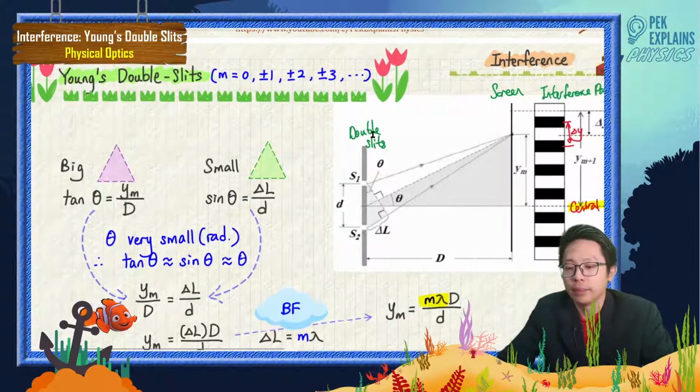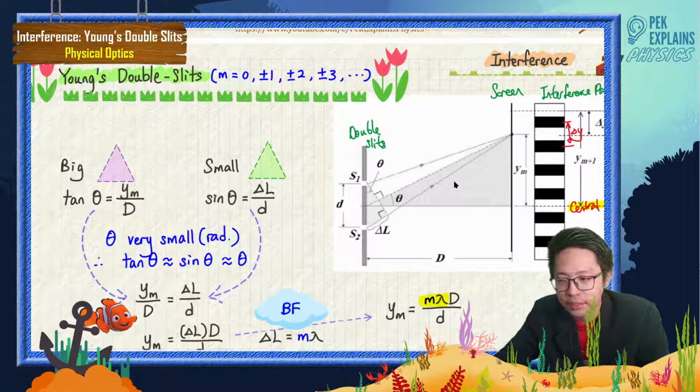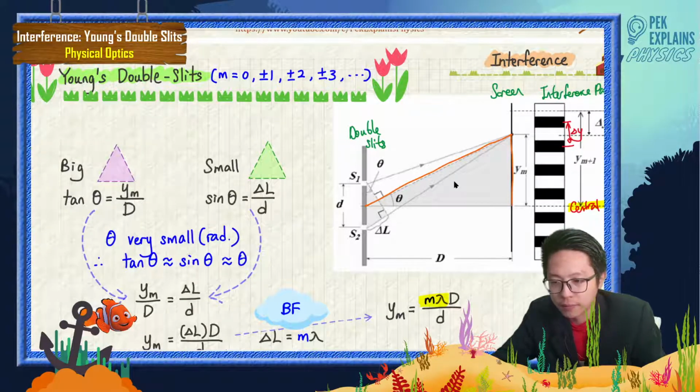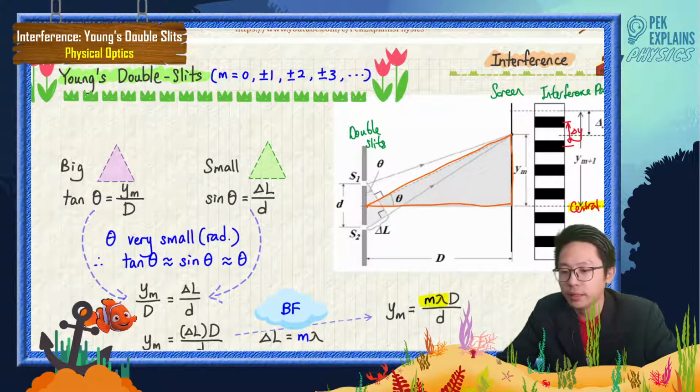The big triangle is this one, from the center between the two double slits, from here. So you can see this one. This is the big triangle. Can you see that?